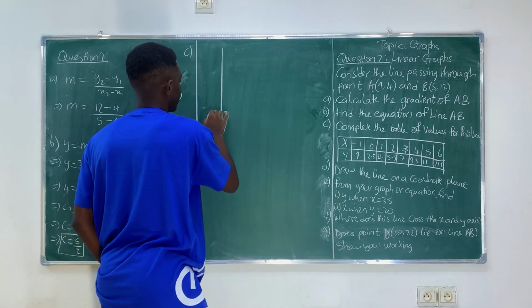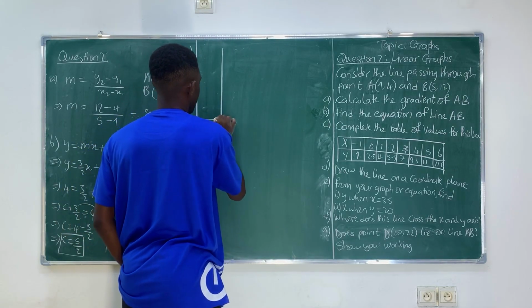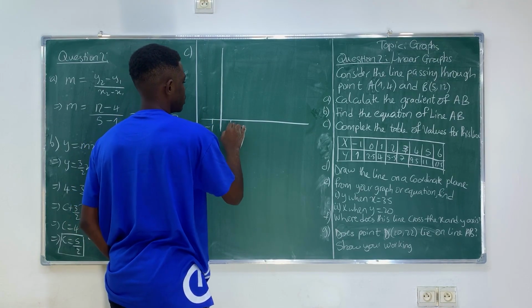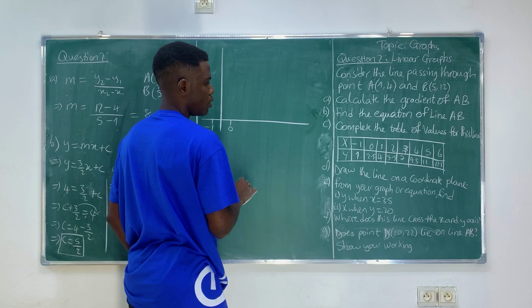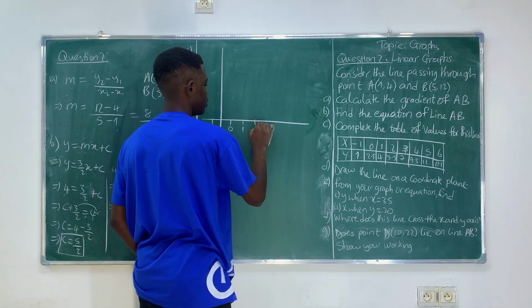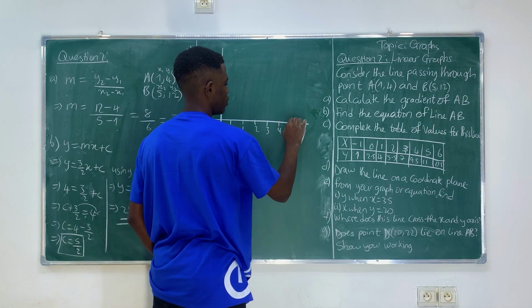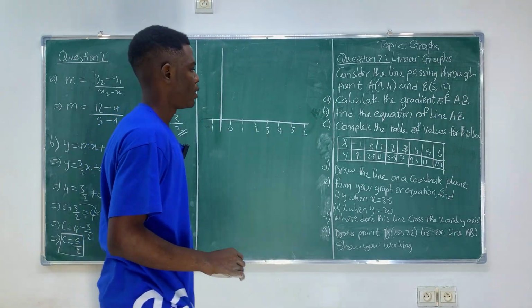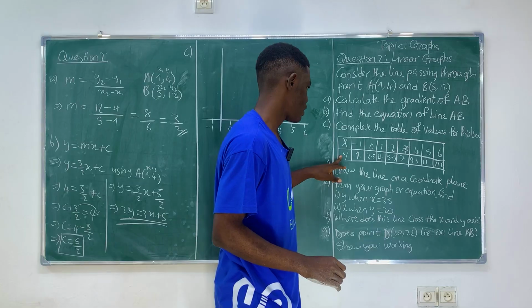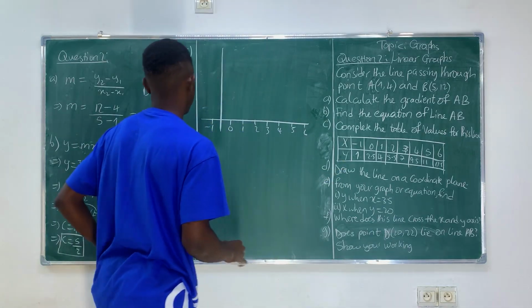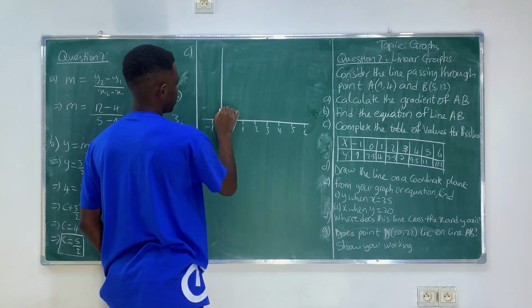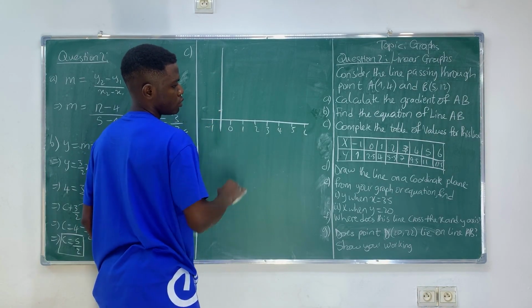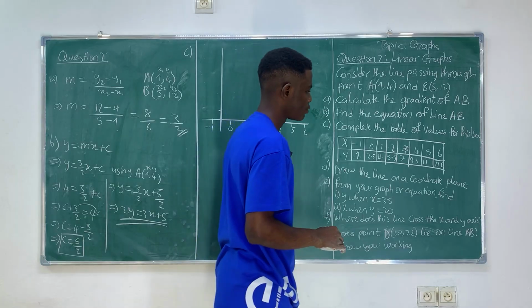So I will draw my line according to negative 1, 0, 1, 2, 3, 4, 5, 6. Then my y starting from 0 here, ending at 13.5.